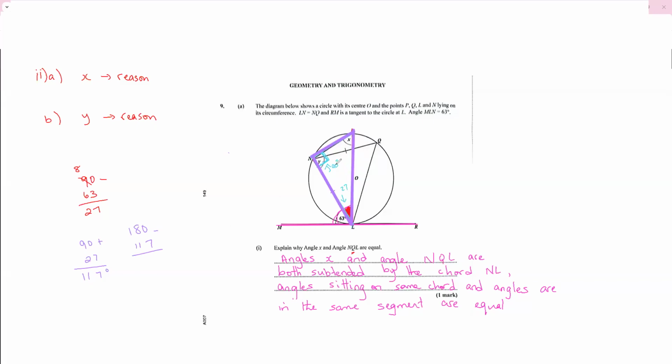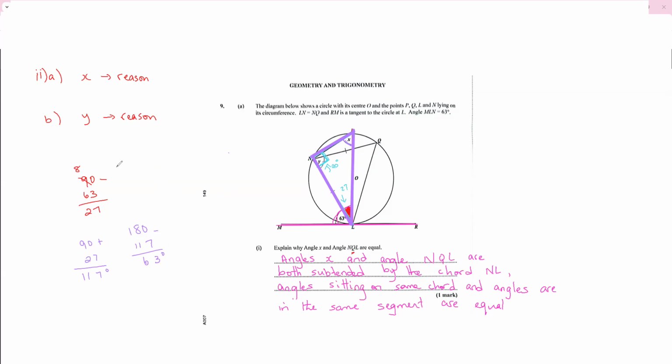Using my calculator, 180 minus 117, and I got 63. So that means this missing angle here, x, is 63 degrees.